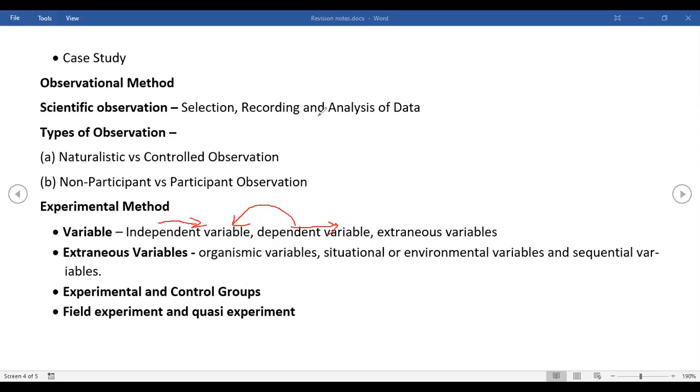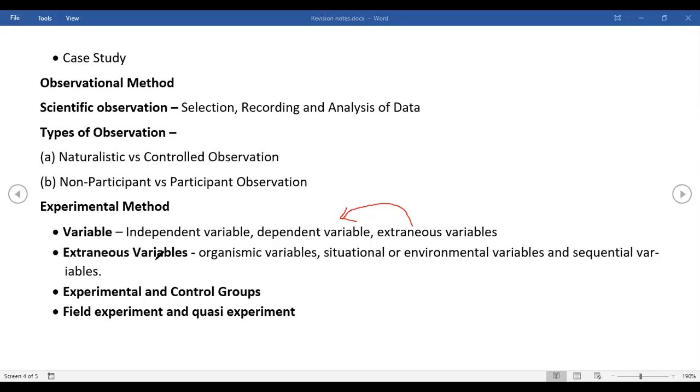This is how we study cause and effect. In the experimental method, we see the cause and effect relationship. What is the cause? The independent variable. What is the effect? The dependent variable. There will be some variables, controllable or uncontrollable, which also affect the dependent variable.